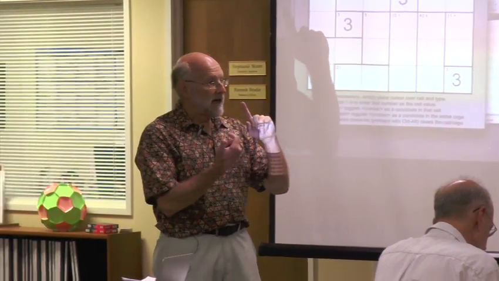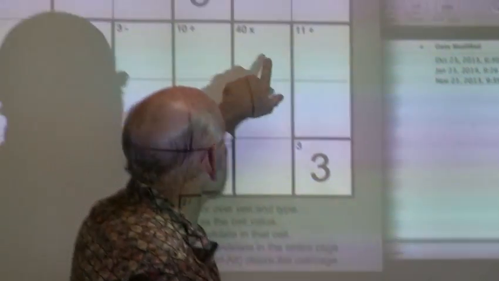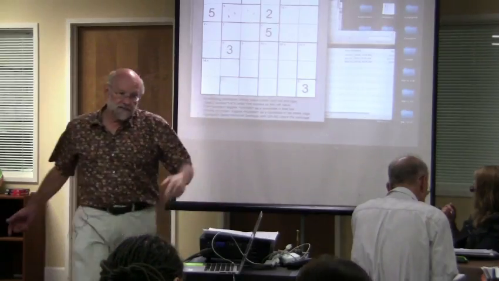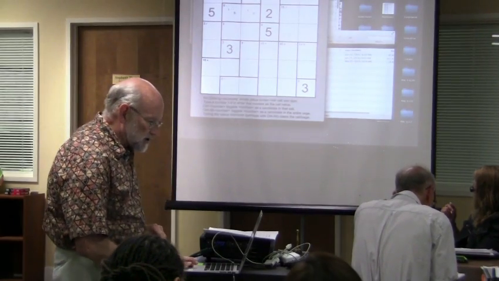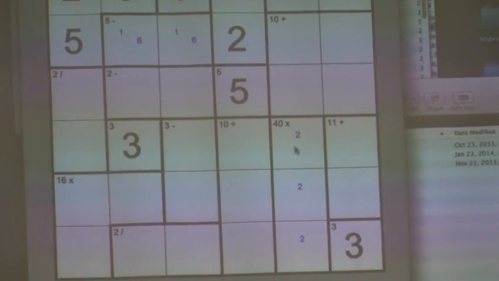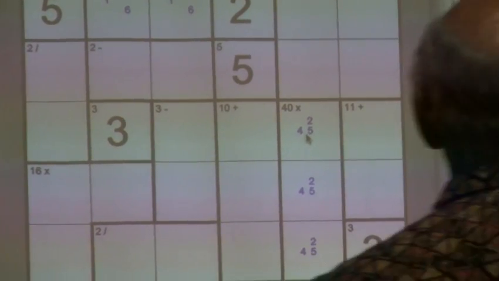The 40 has a 5, and it's 5 times 8, so we have to have two numbers that multiply to give 8. Well, 2 and 4 are the only way that'll do it. So these three numbers in some order are 2, 4, 5. So let me just fill that in. These are the sort of notes that I would be taking. But 2, 4, 5. Okay.